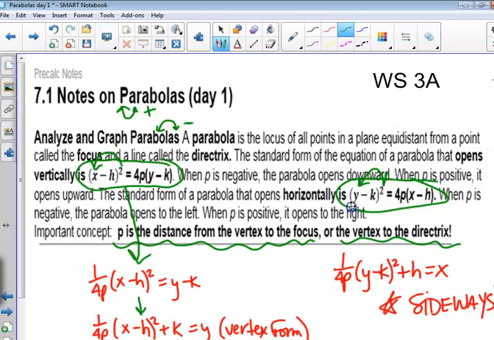That means that we can't easily type them in our calculator to graph. They're a hot mess if we want to put them in our calculator. So we're going to be doing parabolas that open sideways. What do you think a positive p-value is going to do here? Does that make sense that if it's opening sideways, positive would be to the right and negative would be to the left? Does that seem okay with everybody?